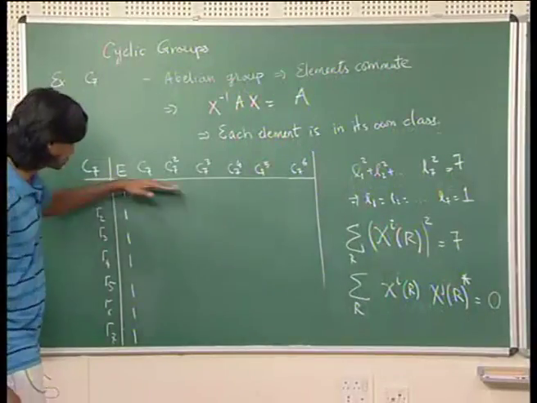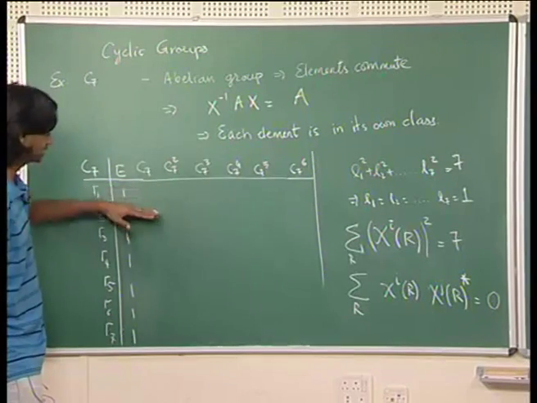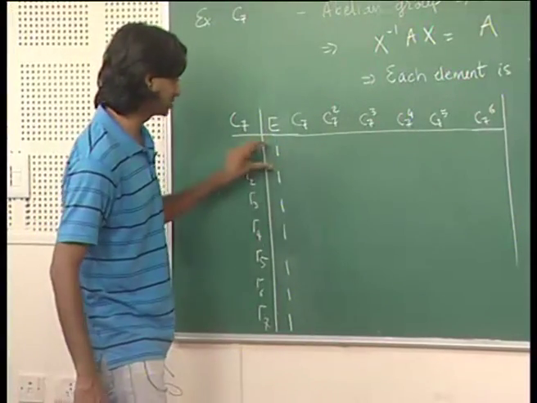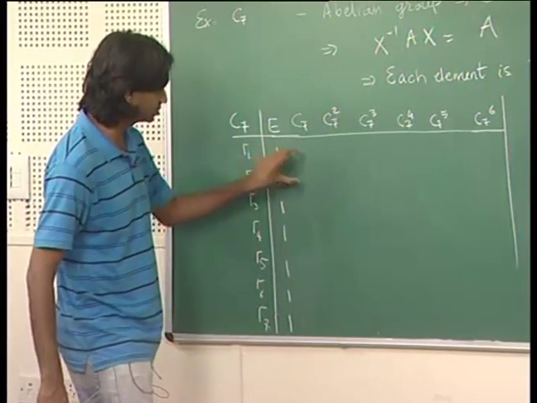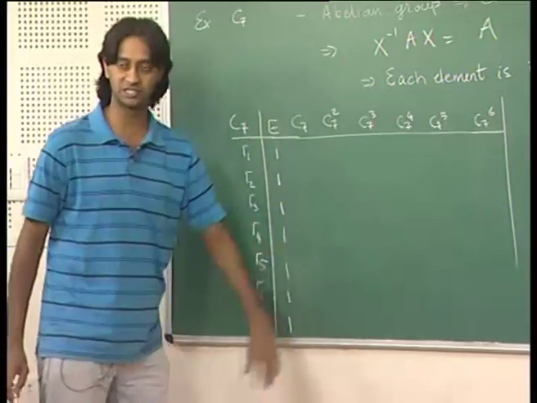If you treat each row as a vector, then any two of these vectors are orthogonal to each other. So you take a dot product of two of these vectors, that means you take the product of these two elements plus these two elements and so on, add it up, and you will get 0.